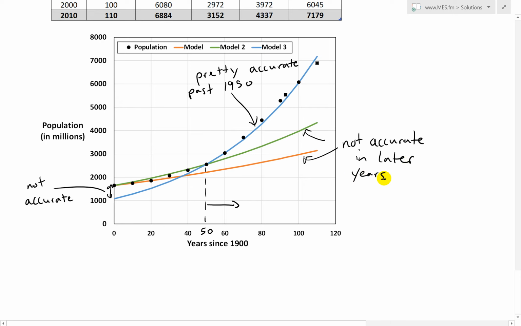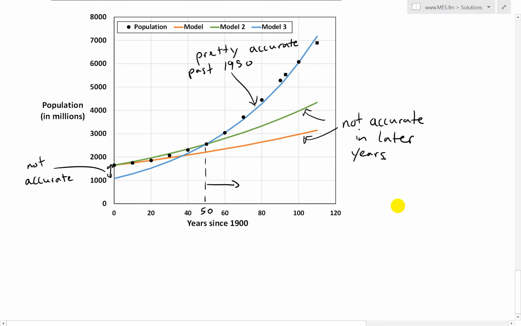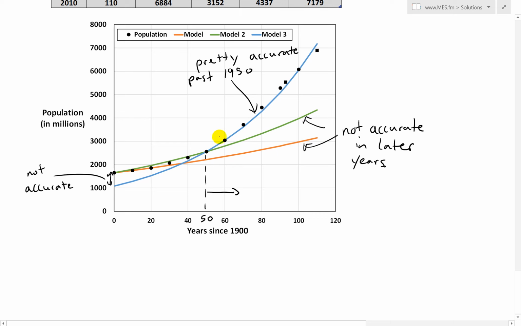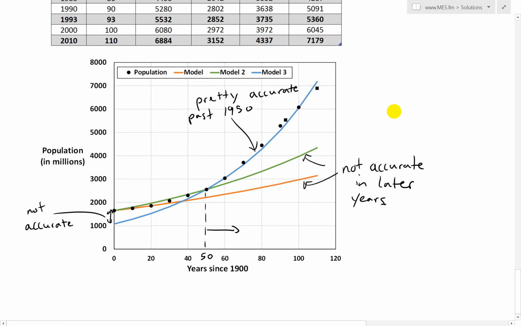So basically, the best way to model this kind of chart is by parts. Model the first half of the century as I did in my earlier video by this green line. This was model 2. And then the second half you can model with this more accurate version that I went over, model 3 right here. And again, just for completeness, this is 2010. This is 1993.